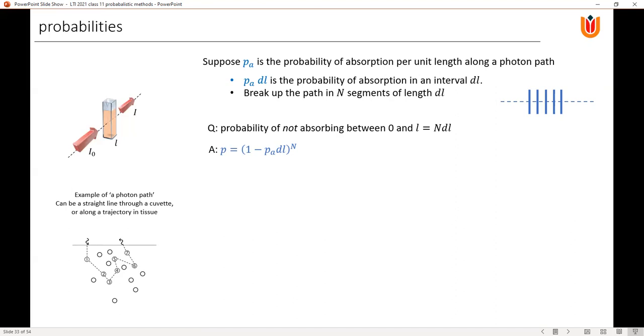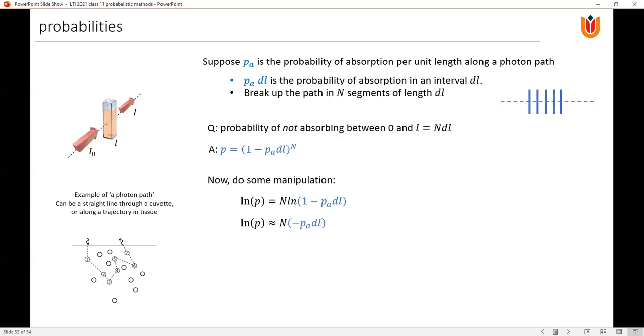Now let's do some manipulation with that. We can take the natural logarithm of both sides. So ln P on the left-hand side, and on the right-hand side the ln puts the N in front of the natural logarithm. If the absorption probability is much smaller than 1, then we can approximate the ln term: ln of 1 minus x is approximated by minus x.